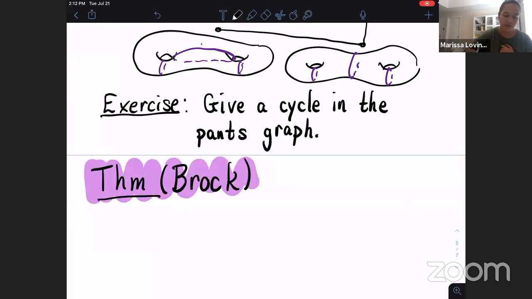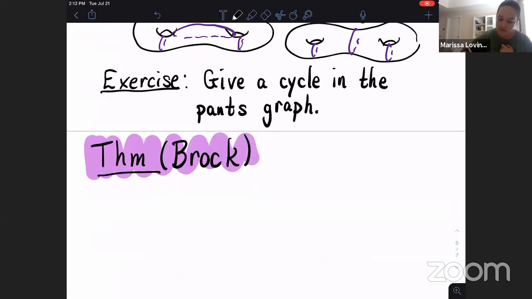So there's this theorem of Jeff Brock. And he shows that the pants graph, well, he shows that the pants complex, so you can also put higher dimensional faces in this, like we did for the curve complex, but I just want to focus on the pants graph. It turns out that the pants complex is quasi-isometric to its one-skeleton, just like the curve complex. So it's totally fine for us just to be talking about the pants graph.